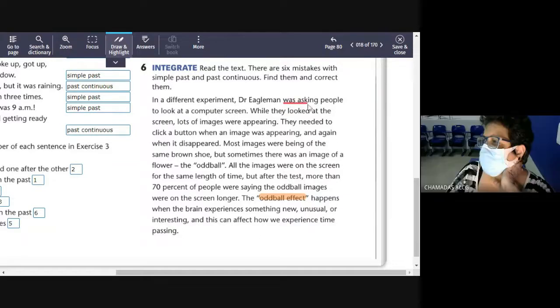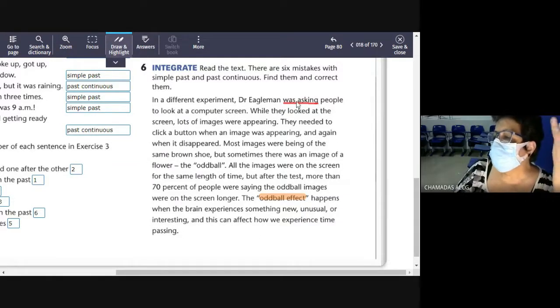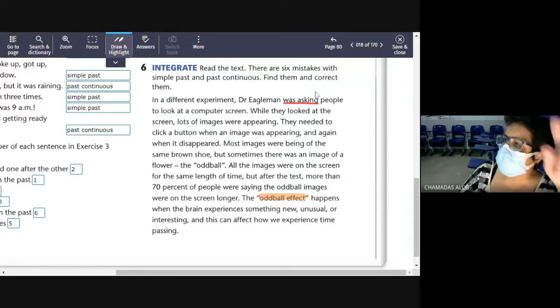No. No. They are talking about what happened. So in a different experiment, Dr. Eagleman asked people to look at a computer screen. So it should be simple past, okay?